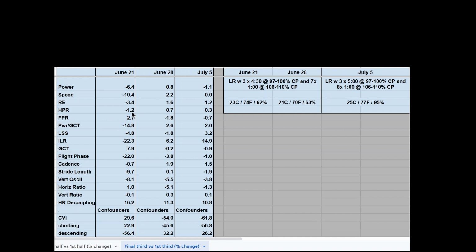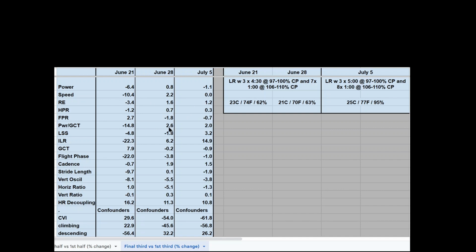Same thing here, where in this tougher run, we saw more signs of fatigue, comparing final third to first third. So that's a pretty significant flip-flop there in terms of a reveal for fatigue. These are pretty good numbers right here.